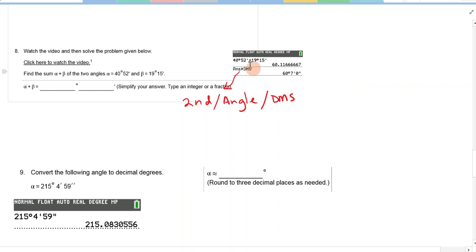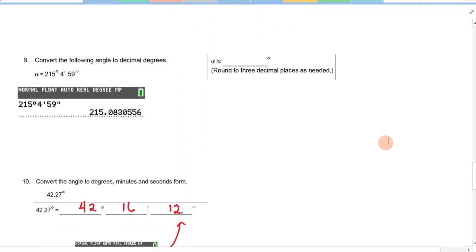So I did it in the calculator, 40 degrees 52 plus 19 degrees 15, and I got 60.11. Then I changed it with second angle DMS, and I got 60 degrees 7 minutes. So that's how we do that.